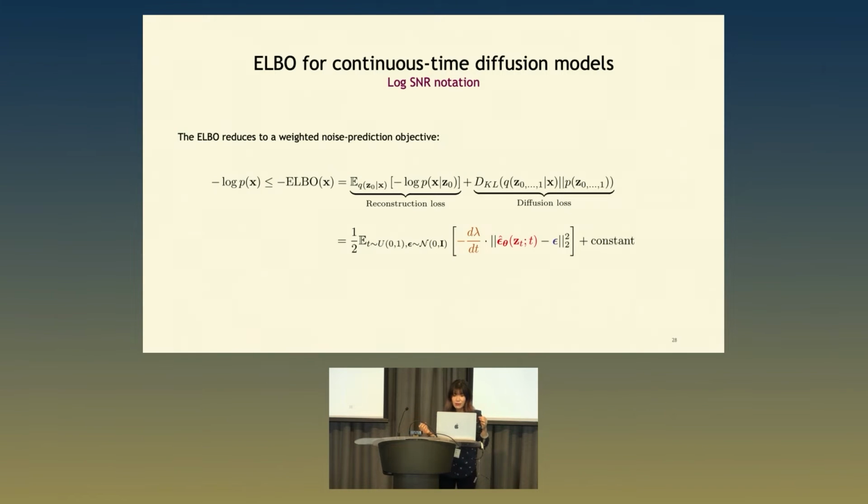But in the continuous time case, it can be expressed in a much simpler form. Basically, we have this weighting in brown, and we introduce a new notation, the log signal to noise ratio of the current time step. It defines the ratio of the information and the noise at the current time step. And we can see the weighting in front of this L2 distance is simply the time derivative of this log signal to noise ratio, with a negative sign.